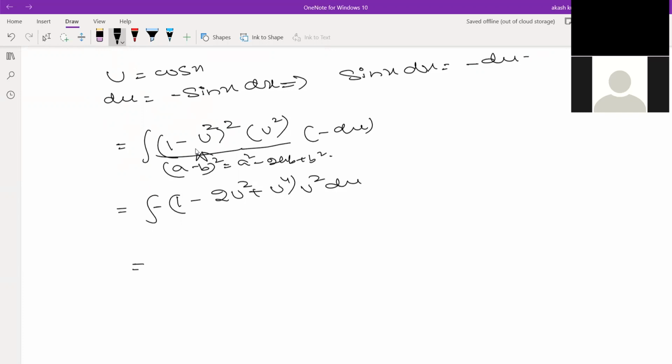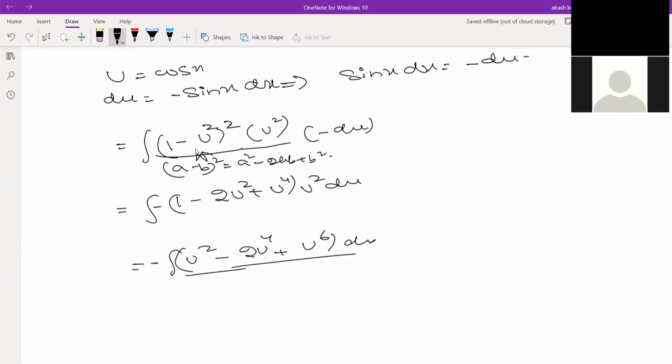Okay, so taking the minus sign out, which is constant, multiplying 1 with u square, multiplying minus 2u square with u square, it becomes minus 2u4 plus u6 du. See, now there were terms in power form, and then there was a multiplication term. Now I have all the terms in added and subtracted form.